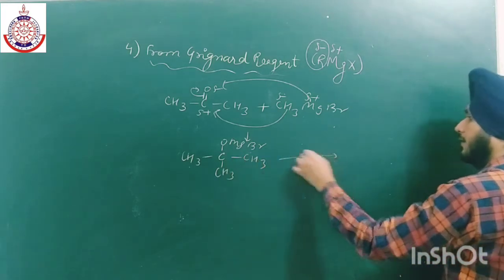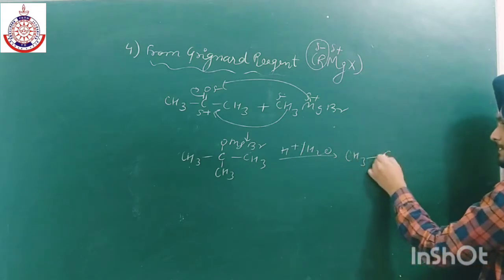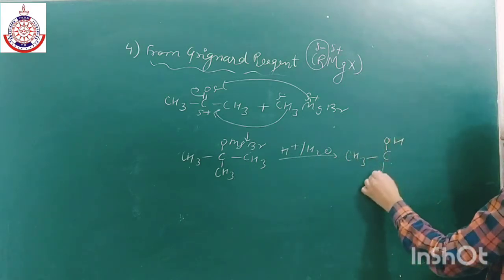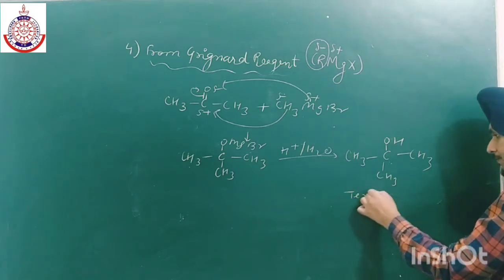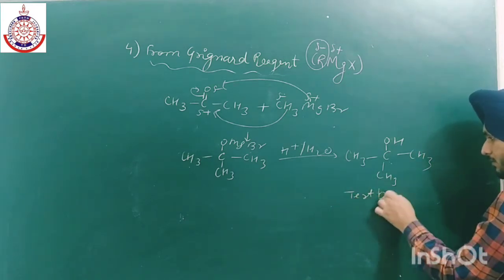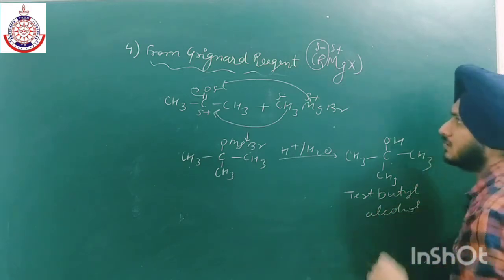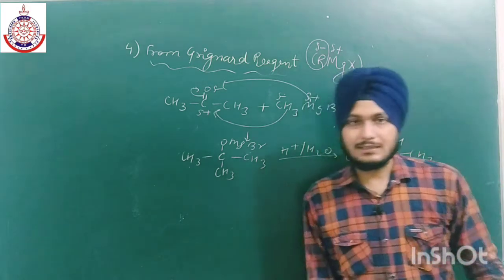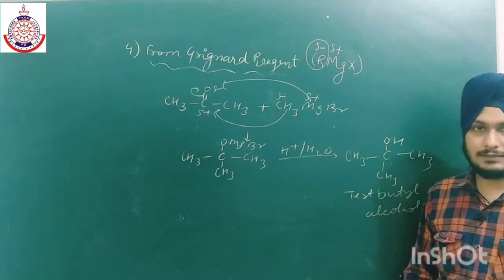Again we have to do the hydrolysis. So CH3COH CH3 CH3. Now we will get a tertiary butyl alcohol.